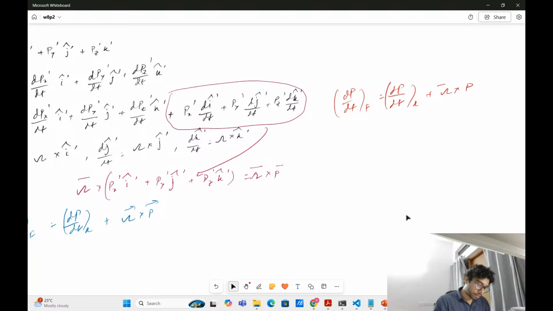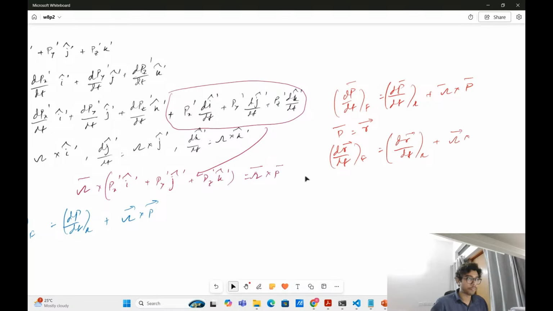In place of p, we can put the position vector of the particle, r. So this will become dr dt in the fixed frame equals dr dt in the rotating frame plus omega cross r. So dr dt is the velocity, which is uf in the fixed frame, equals ur, the velocity in the rotating frame, plus omega cross r. So if we put p equals r, we got uf equals ur plus omega cross r.